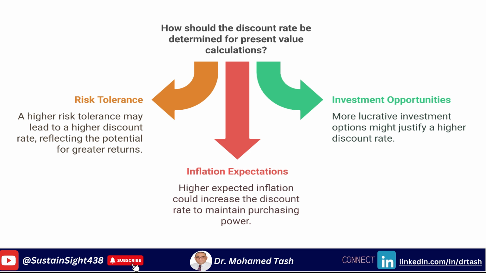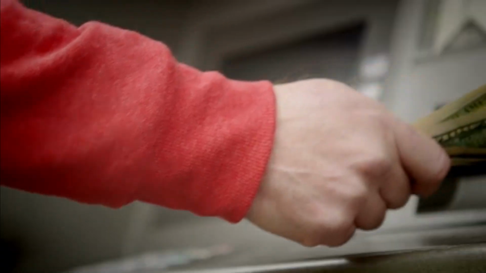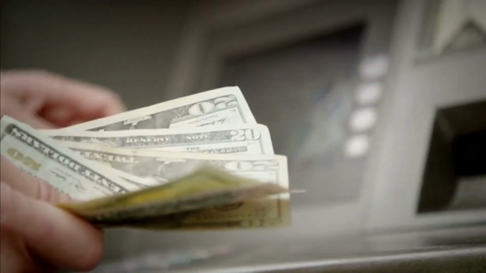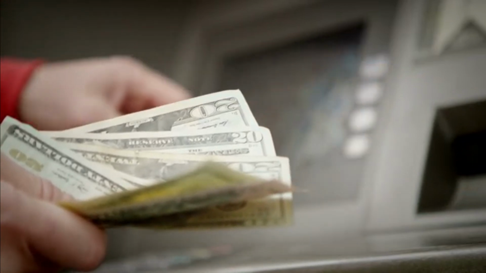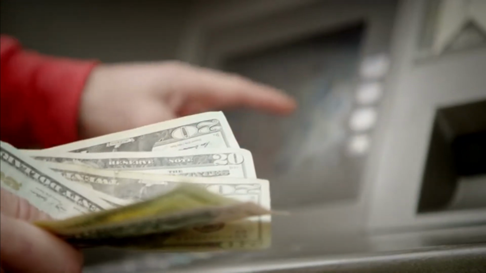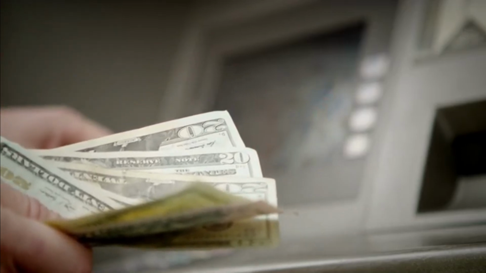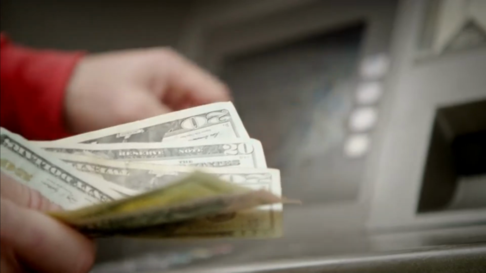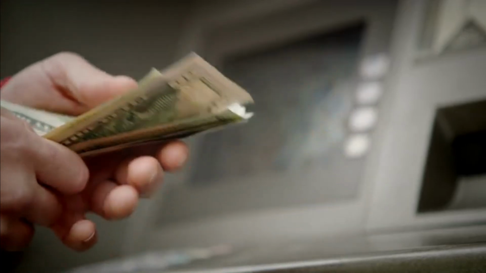So, present value calculations are often estimates based on assumptions. The key takeaway is that money has a time value. Understanding present value allows us to compare cash flows occurring at different times, make informed investment decisions, and accurately assess the true value of future payments.